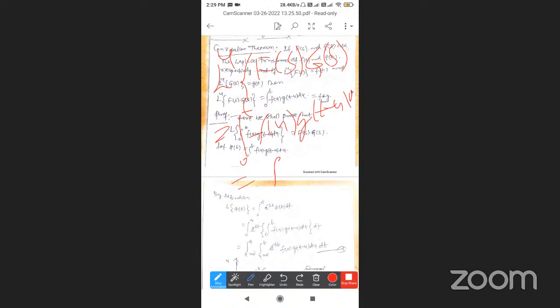This is nothing but f star g. So the Laplace transform of f star g is equal to F of s into G of s. This is the formula.